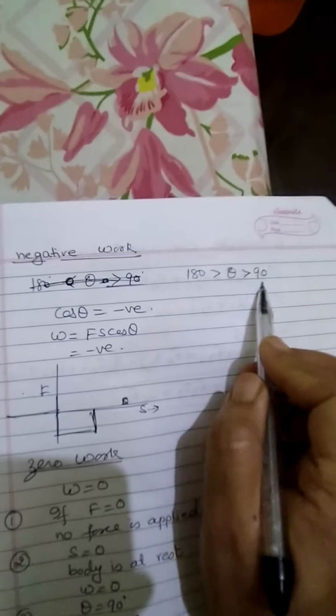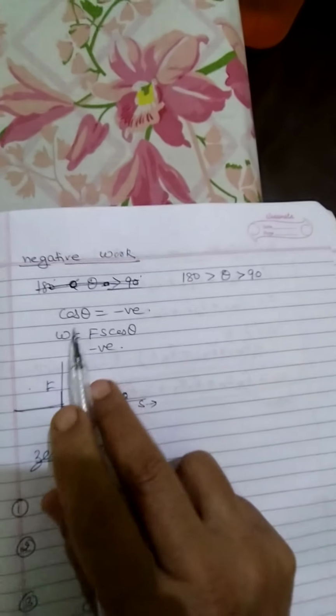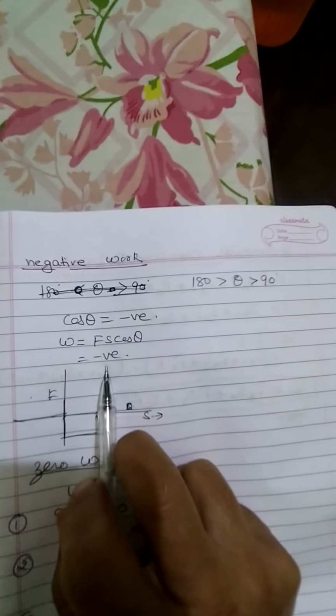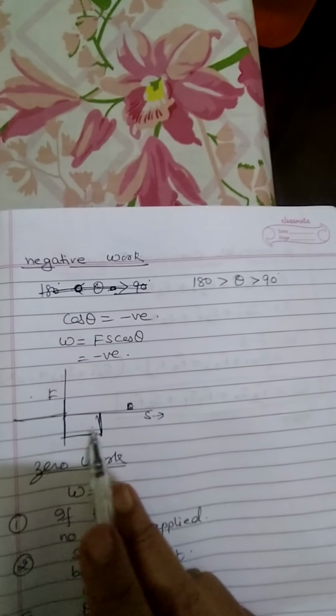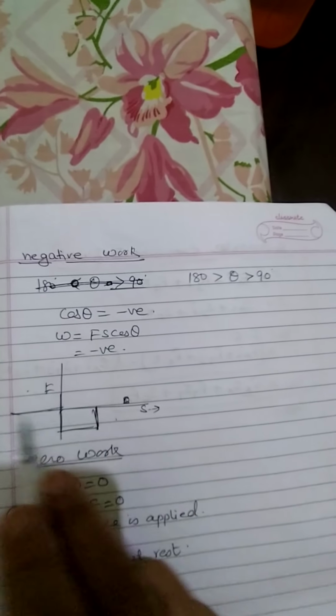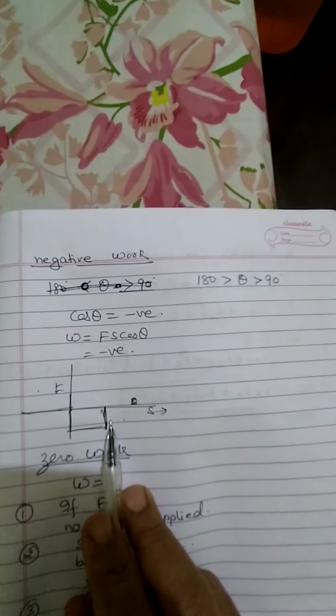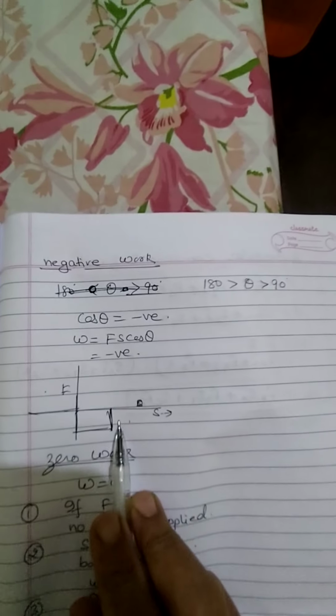So we'll be talking about theta between 90 and 180 only, and in that condition cos theta is negative, so work done will come out to be negative, and the graph will be in the third quadrant or in the second quadrant, but for simplicity mostly we draw it in the fourth quadrant.